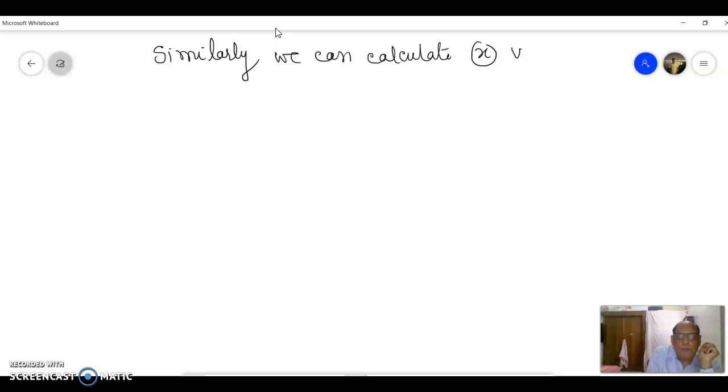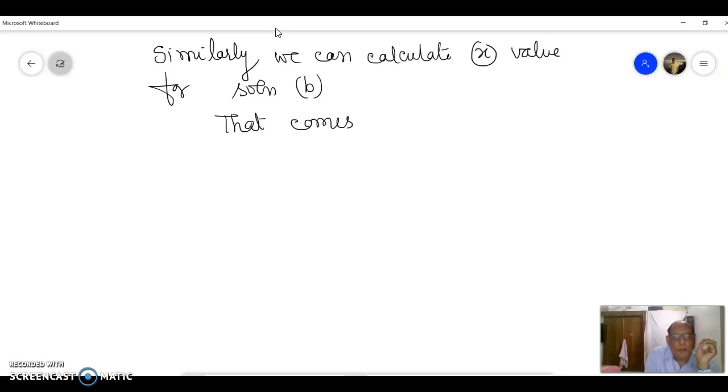Similarly, we can calculate the x value for solution B. We can do the similar calculation, and it comes out to be 0.0818, just 1/10 of the A solution.